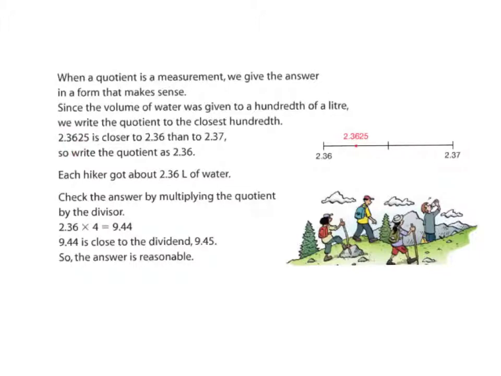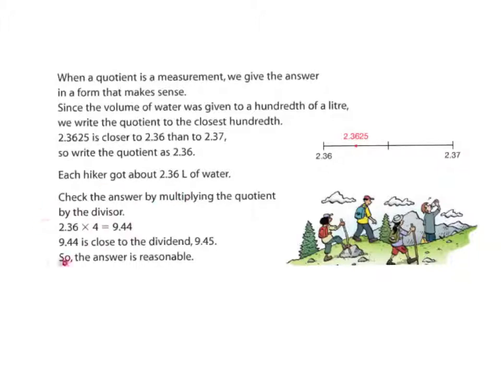So we would round 2.3625 to 2.36 using our rounding rule. Of course, we look at the 2, which tells us that it's less than 5 and we ignore it, so it just becomes 2.36.